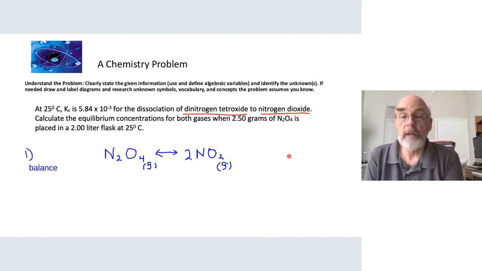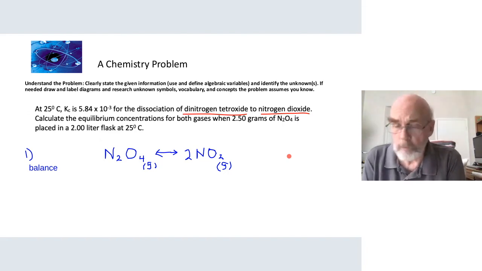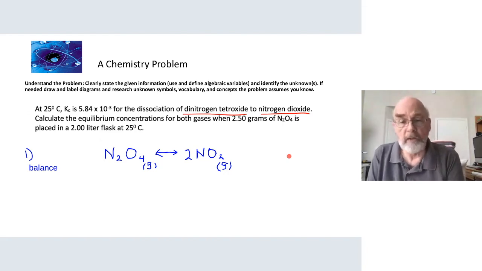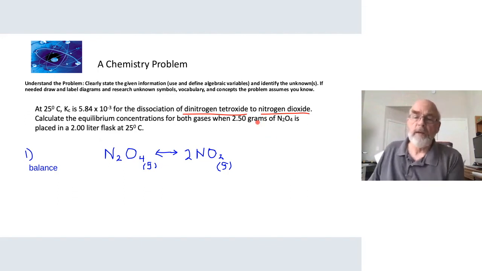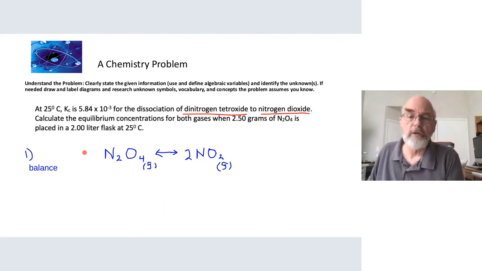Now, I know it's an equilibrium, so I, at this point, know a technique called the RICE technique in order to solve this problem. And if I'm going to do that, that suggests that I have things like the initial concentrations and then come up with a statement for the final concentrations.